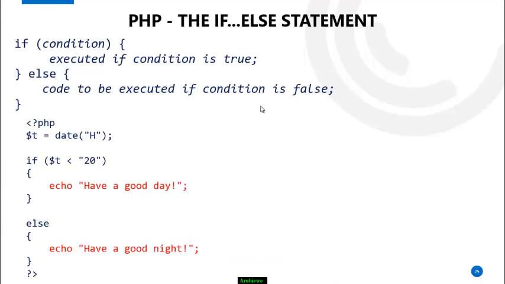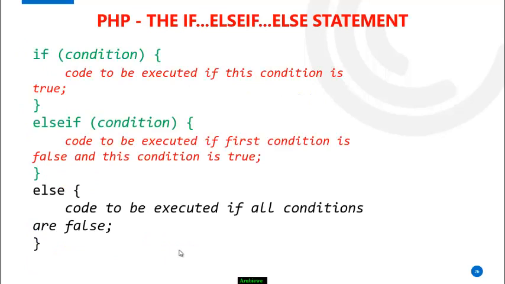We can check this if else statement, which checks a condition and executes if it is true, and also checks the condition and executes this if it is false. Here we have, if variable time is less than 20, have a good day, else have a good night. So that is the if else conditional statement. Then we have the else if statement, which is used to check more conditions.